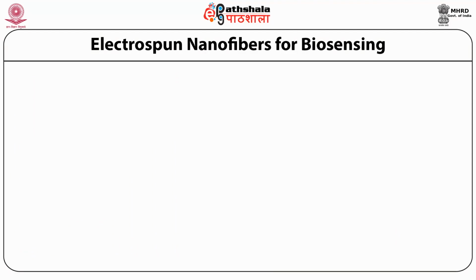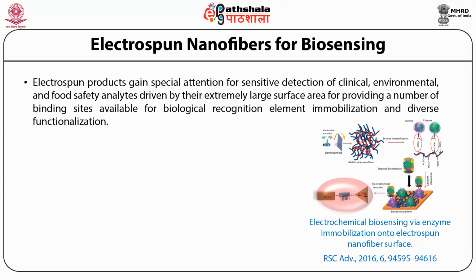I will discuss the electrospun nanofiber for biosensing. Electrospun products gain special attention for sensitive detection of clinical, environmental, and food safety analytes driven by their extremely large surface area, providing a number of binding sites available for biological recognition, element immobilization, and diverse functionalization.